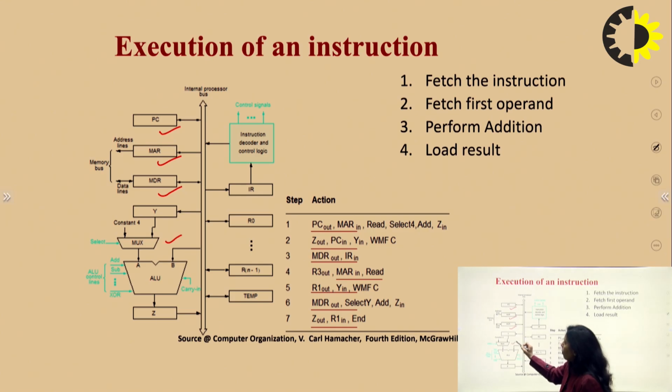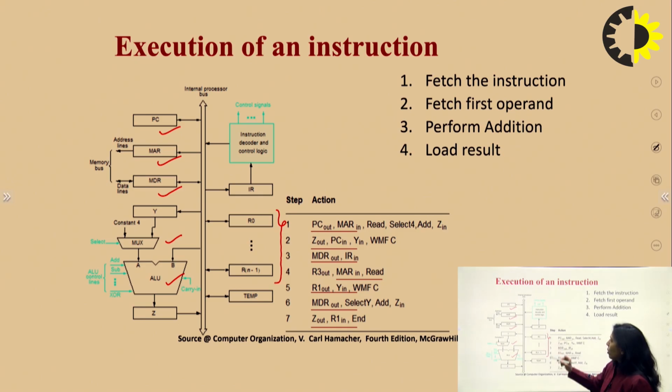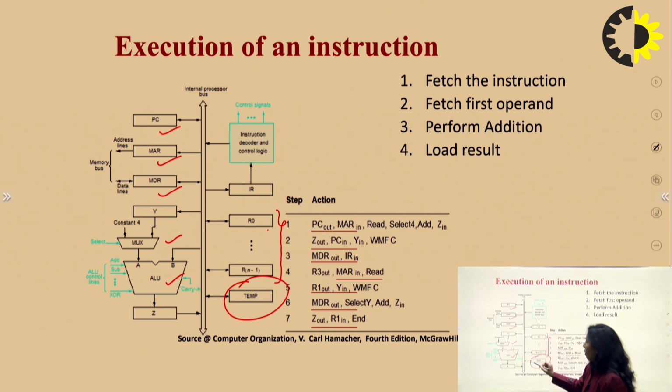There is a multiplexer. This is the arithmetic logic unit. There we can also see the general register organization having registers from R0 to Rn-1. We are also seeing that here we have a temporary register. We also see that there is a register Z and a register Y.